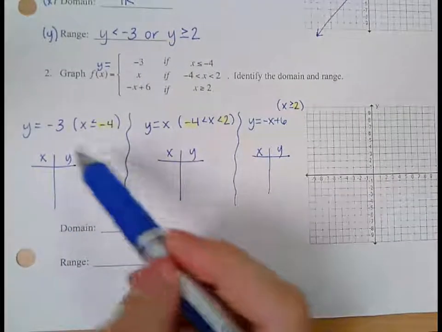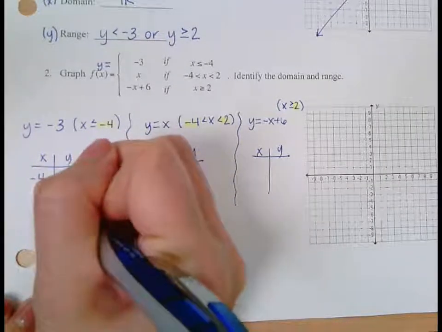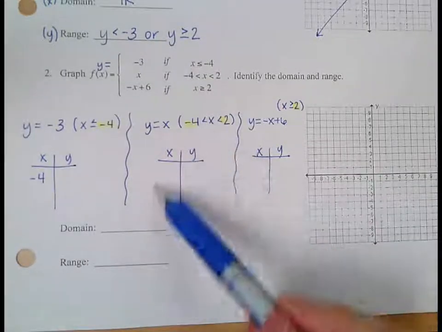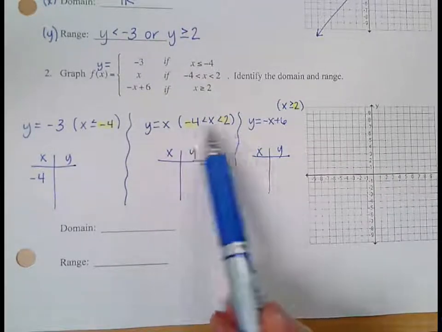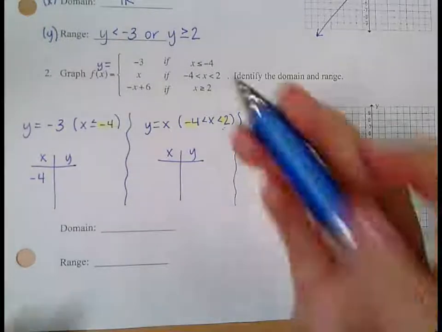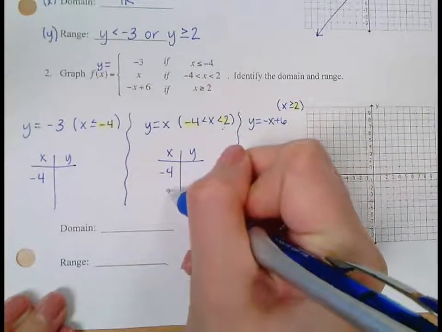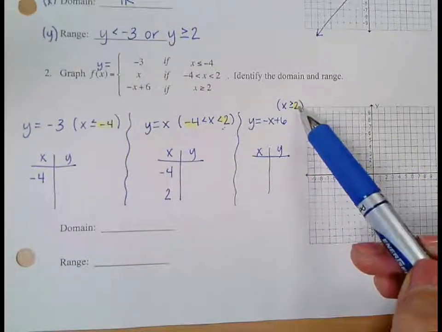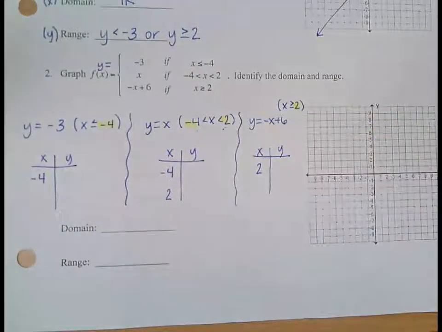So in my first function, the first x value I plug in should be -4. You just want to set it there. In my second table, I have 2 endpoints. I need to plug both of them in. So I need to plug in -4 and I need to plug in 2. And then my third function, I just have the one endpoint I need to plug in, 2.